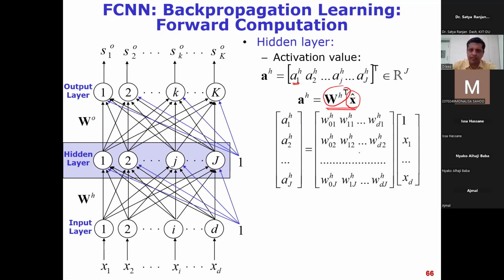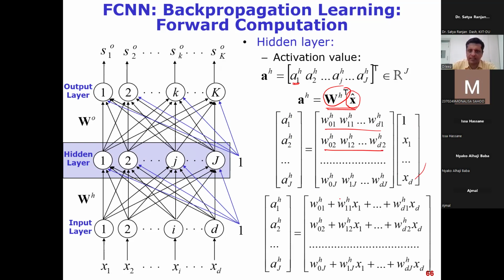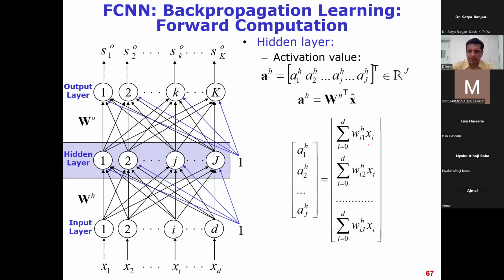Basically, it is the matrix multiplication between my input vector and each of the weight vectors, so each entry is the weighted sum of the inputs to that particular neuron.